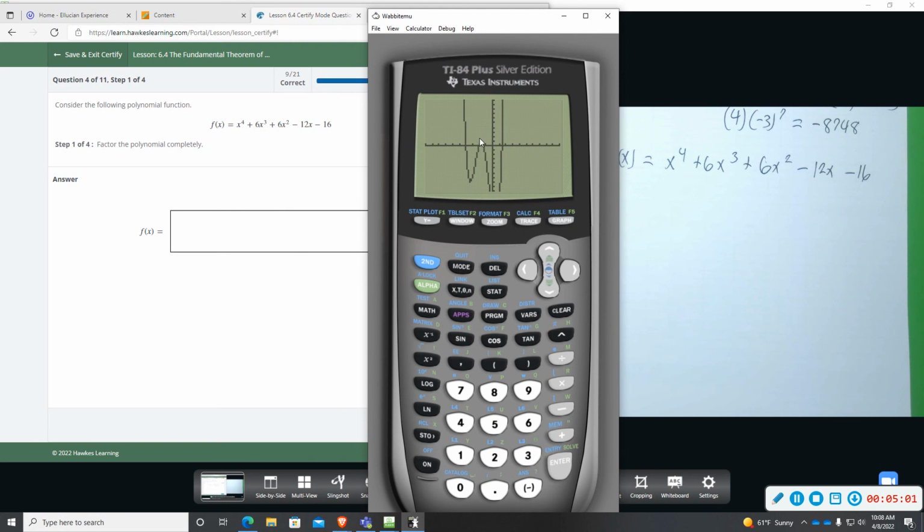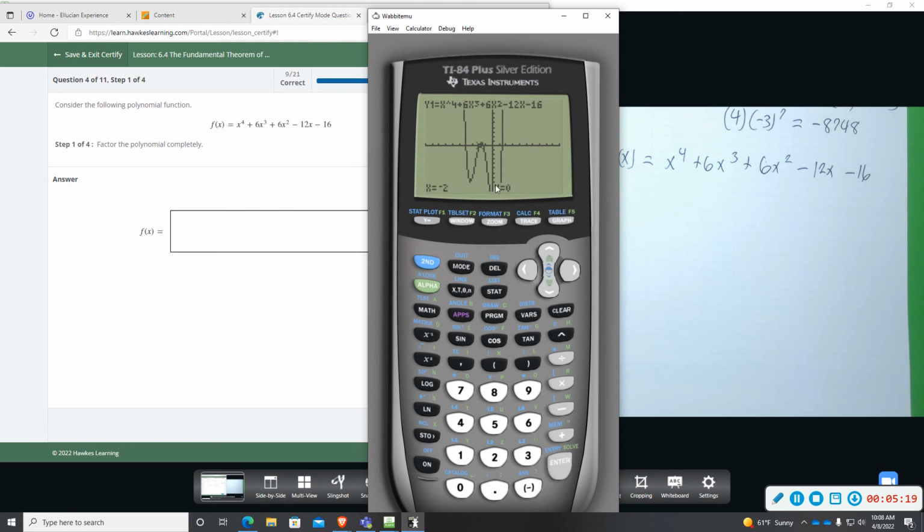One of them is a half or some other number, but it looks like -1, looks like -2, and -4. But let's verify. So let's do trace, and I'm going to type -2, and I'm going to hit enter.